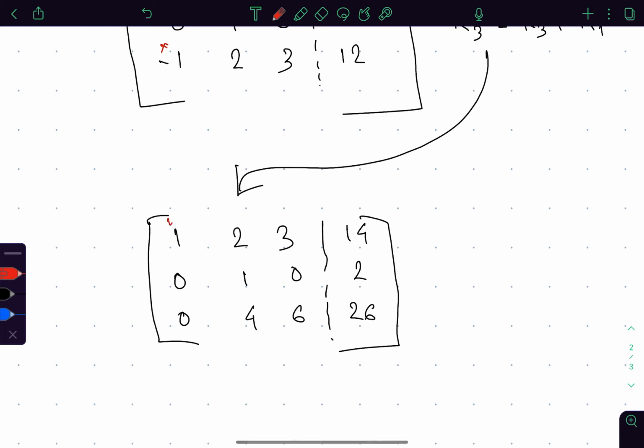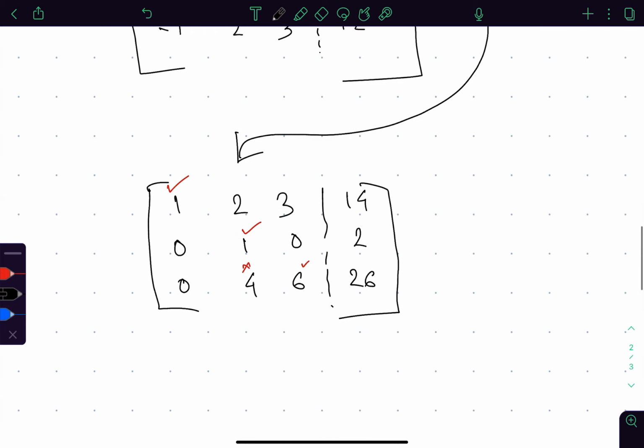We have got a pivot here and a pivot here; the only pivot left is this one. We haven't solved this situation yet, because we have got the pivot here but we need to eliminate this 4 here. So we will do that now.